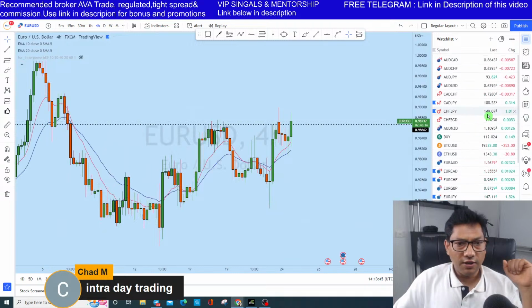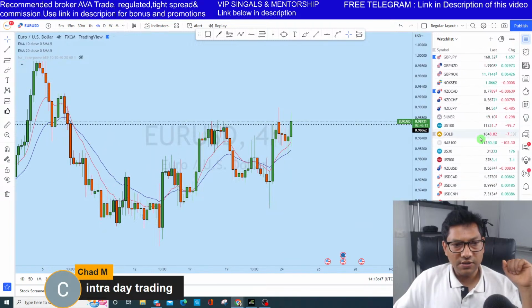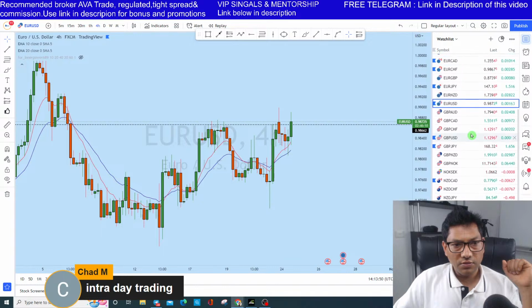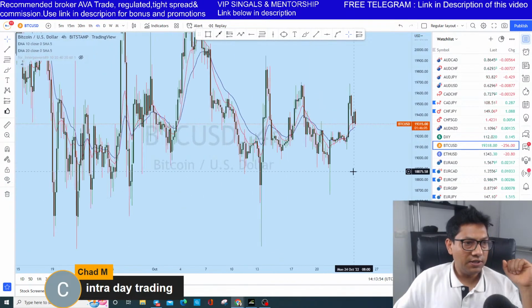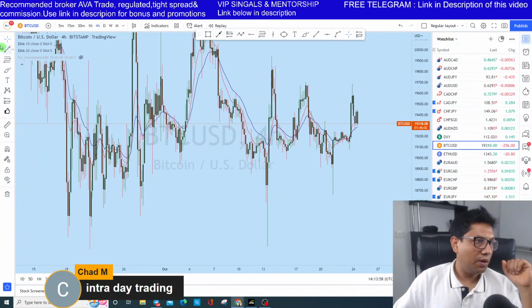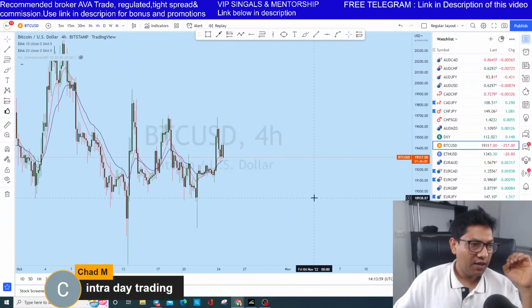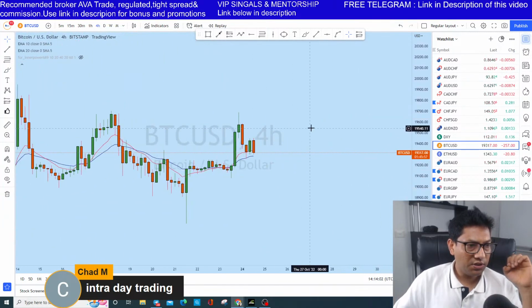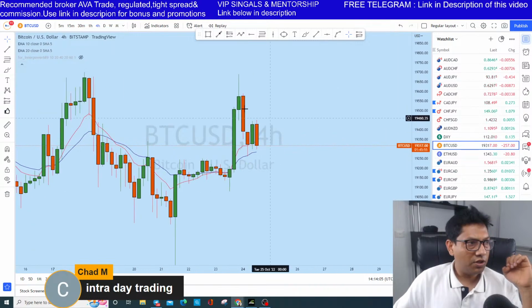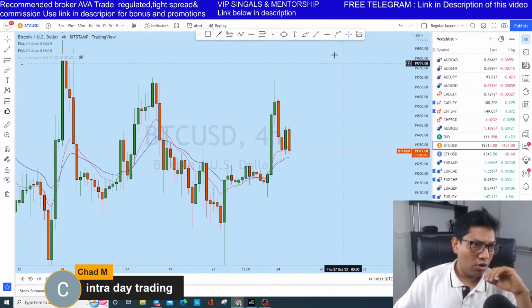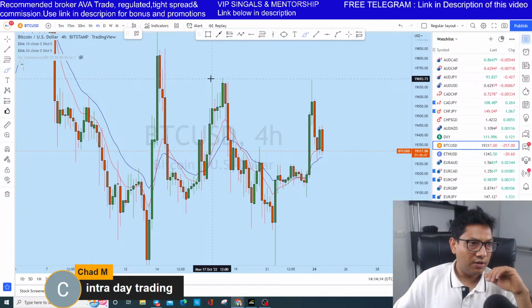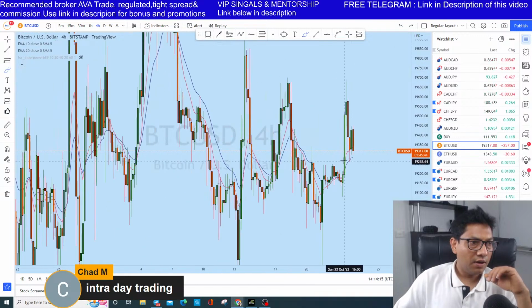So guys, in the meantime, let me see what's happening with the crypto. Okay, BTC USD, as you can see, you have probably seen my analysis on TradingView, and it played out exactly according to the analysis. Now for BTC USD, for me this current candle is a reversal pattern. BTC USD reached this resistance level, a very important level of resistance.